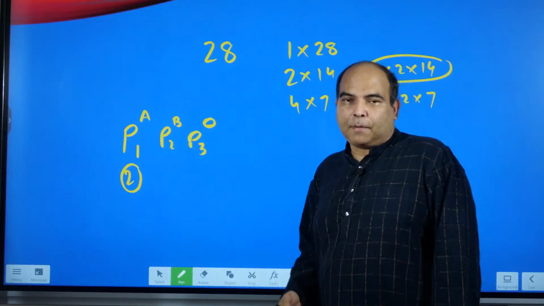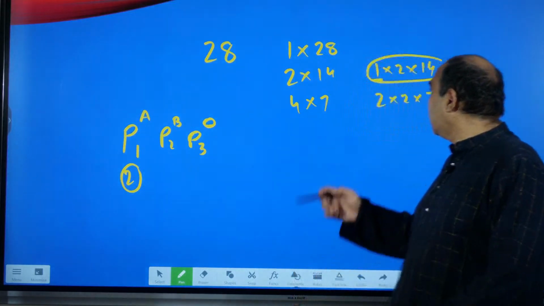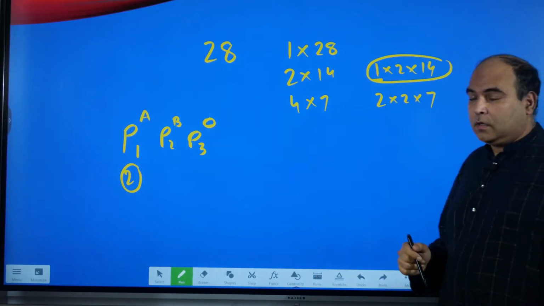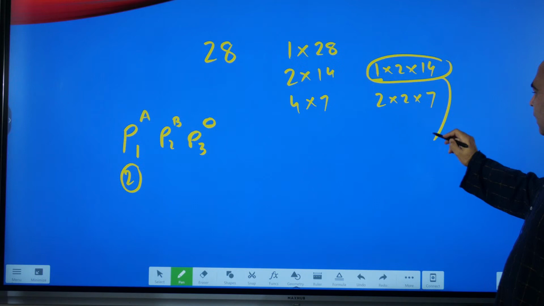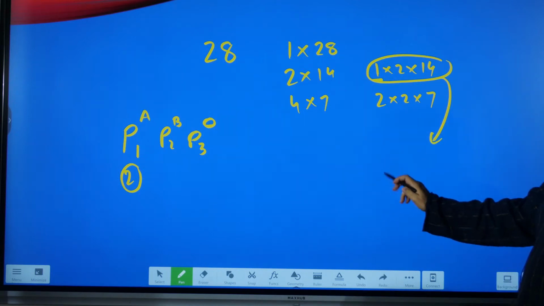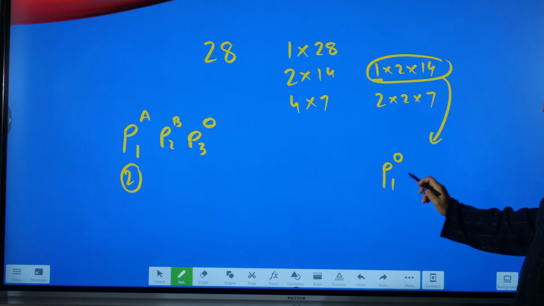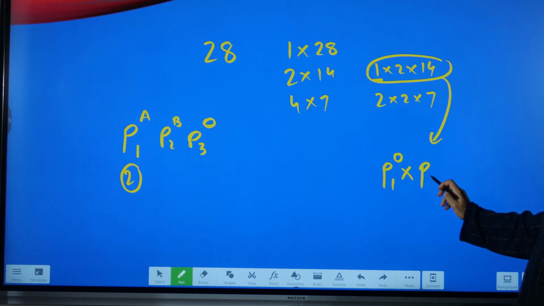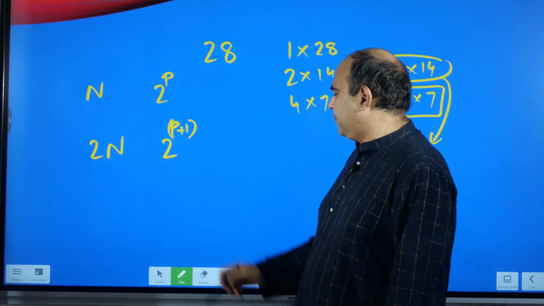The third prime number's exponent would be 0: 0 plus 1, 1 plus 1, and 13 plus 1.